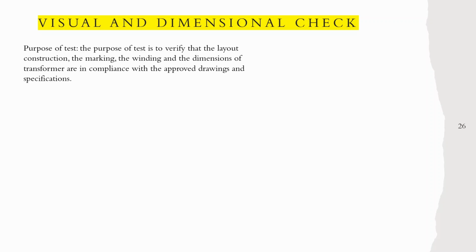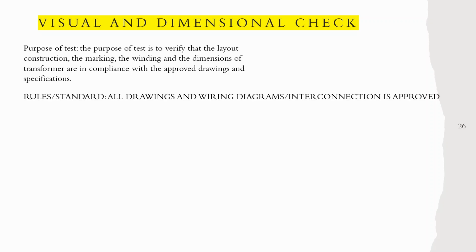Okay, visual dimensional check. For the purpose of the test, as you can see here, read that one. Then rules, standards, drawings, wiring diagrams, interconnections are approved. Of course, during your inspection, during your factory acceptance testing, all drawings must be approved, approved by engineering, approved by the company, contractor, and the end user.